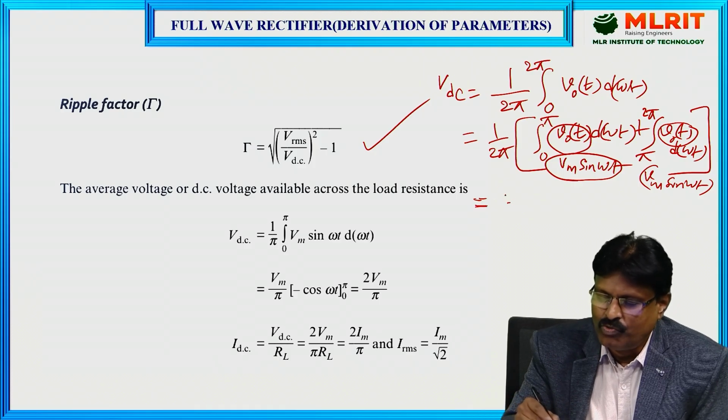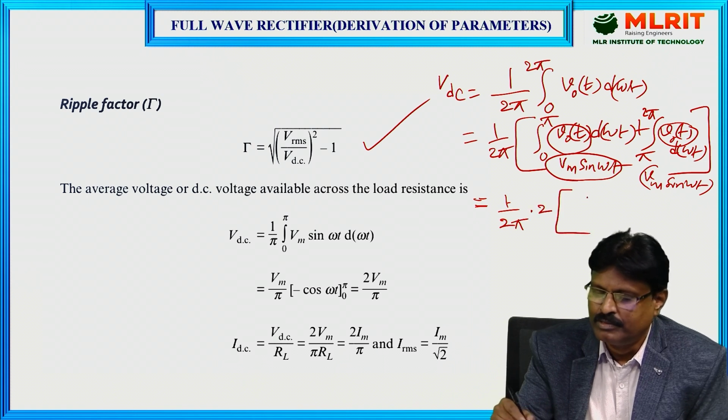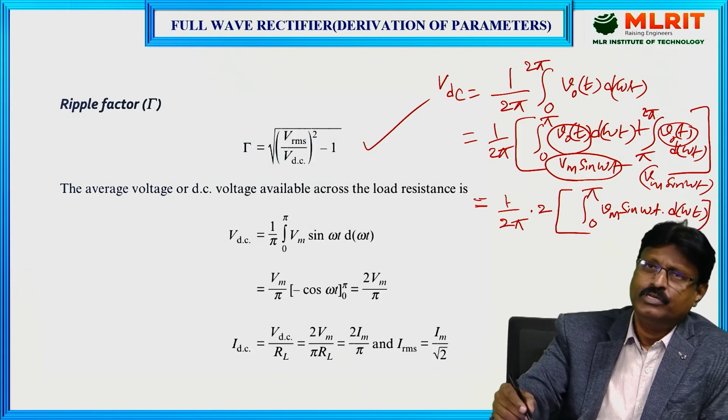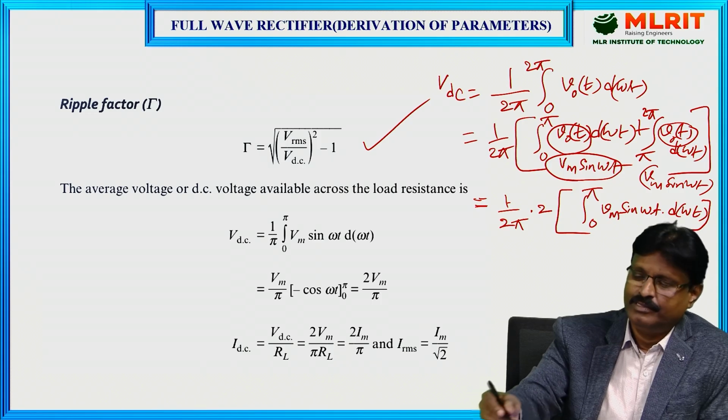So 1 by 2 pi into 2 into integral 0 to pi Vm sin omega t d of omega t. Okay, so the same value is defined in two cases.